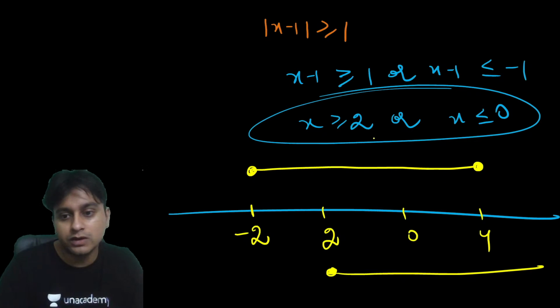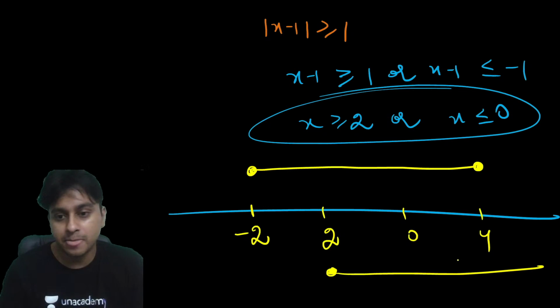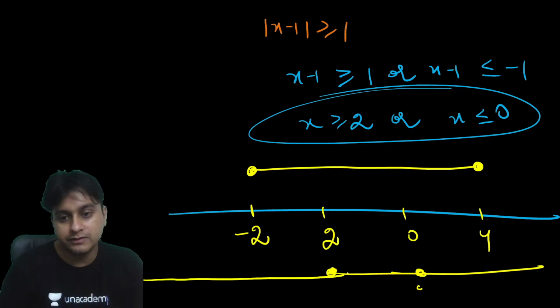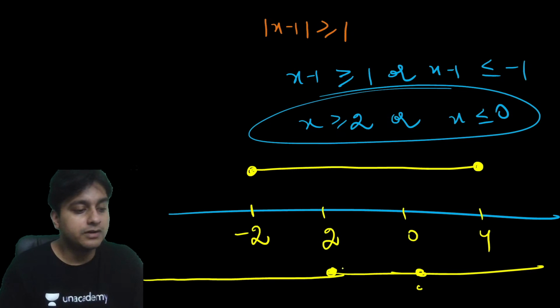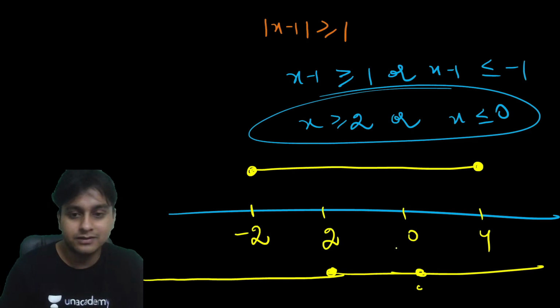Guys, what is this coming out to be? Tell me. What is this common region giving us, guys? Here, this will be parallel to this only, right? Both are parallel. So what is the common region coming out to be, everyone? Tell me, guys.